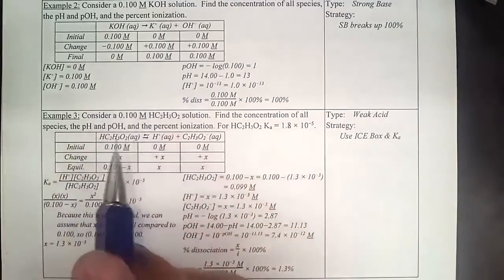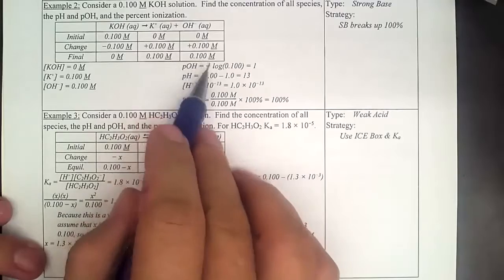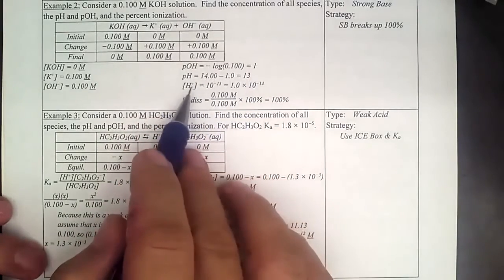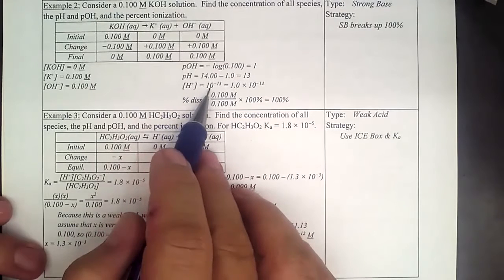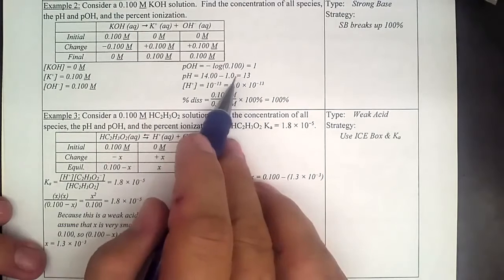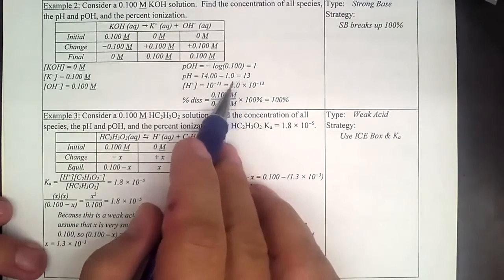I don't have H plus, but I do have OH minus, and so negative log of the OH minus molarity will give me pOH. 14 minus that will give me pH. H plus will be the inverse log of negative value of pH. If you don't know what I mean by that, hit pause, have a think, ask your teacher.